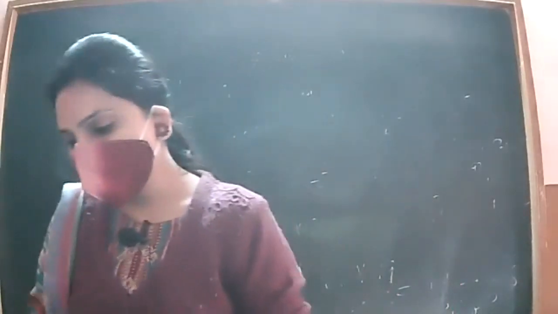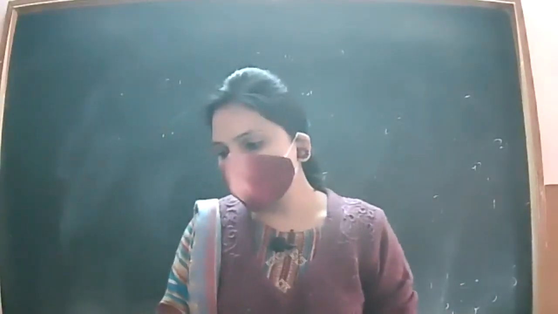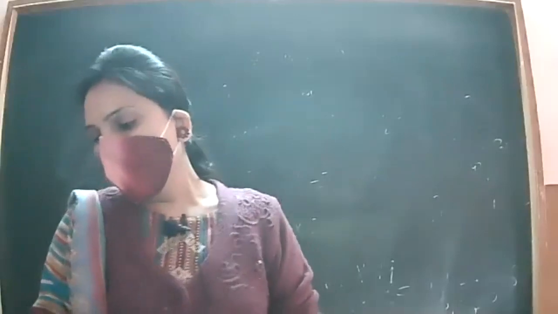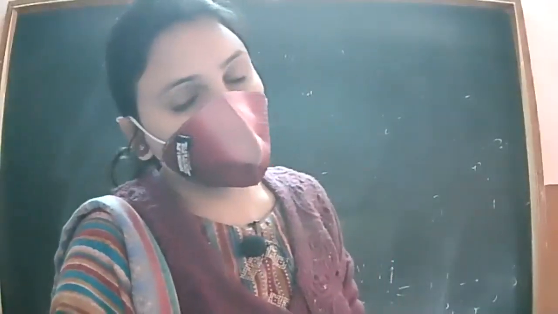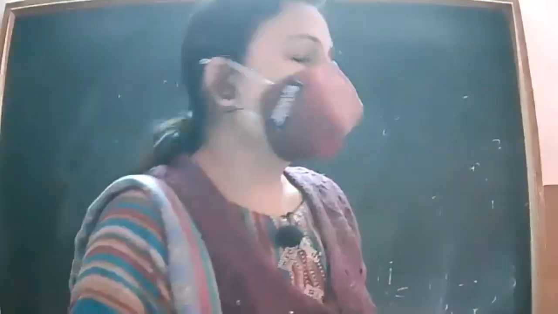Second question we are going to start. Second question is, find the amount of the water displaced by a solid spherical ball of diameter this. This question is based on Archimedes principle. You know what is Archimedes principle?